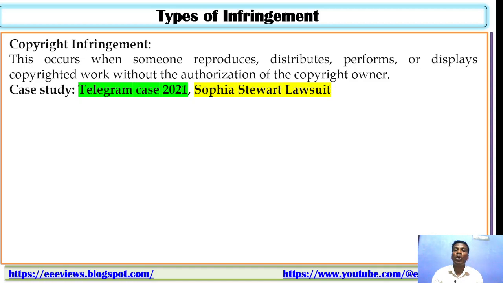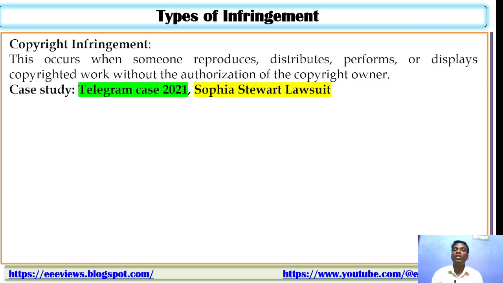They can download movies and the like with the help of the Telegram app. So they filed the case. The court analyzed the case and insisted that Telegram prevent such sharing of copyrighted content. They are asking it to increase security on the sharing platform. The case is still running; it was filed in 2021. So that is one example of copyright infringement.